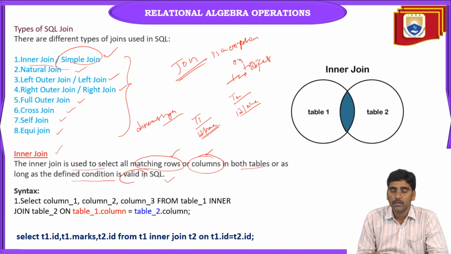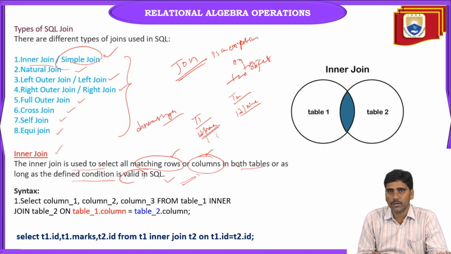The inner join selects the matching rows, ID and name from one table and ID and name from another table. It checks the condition, and based on that condition, it takes the matching rows or columns.